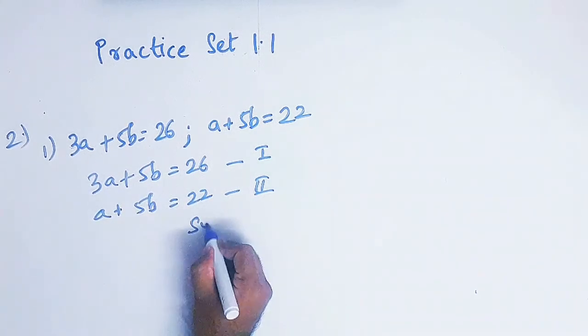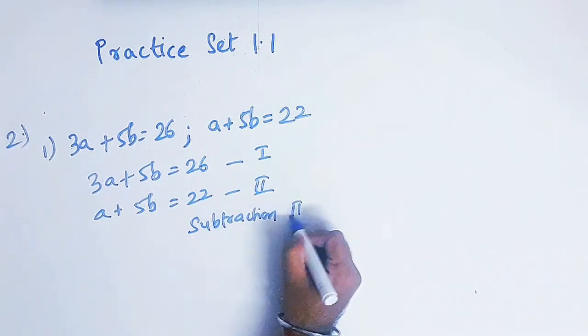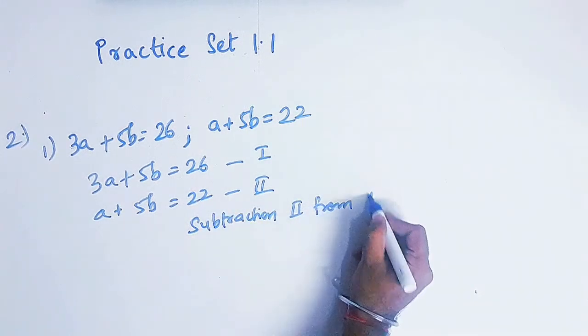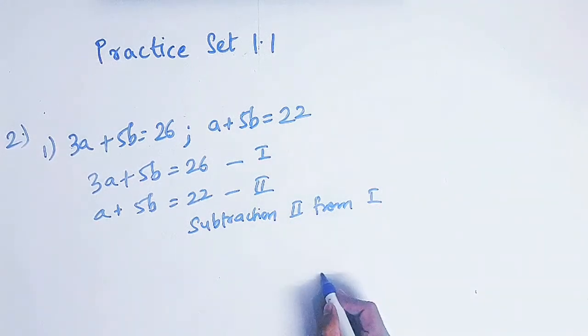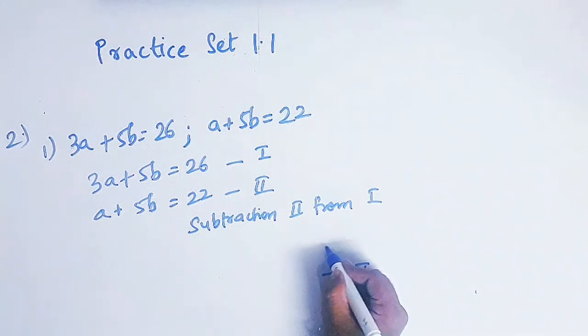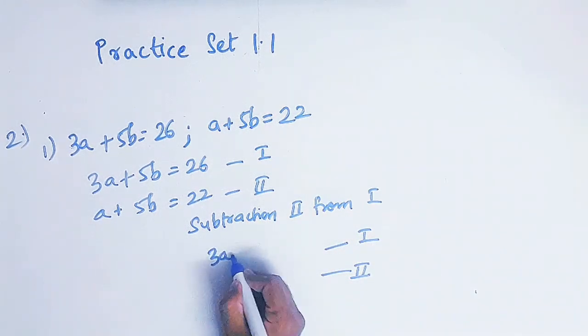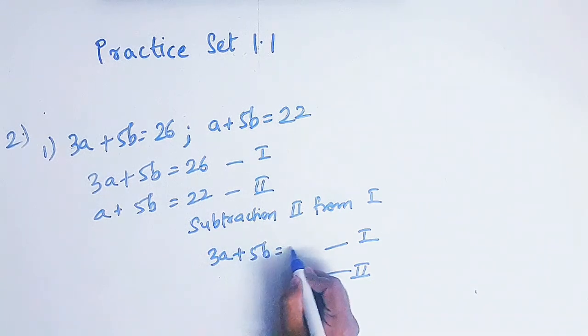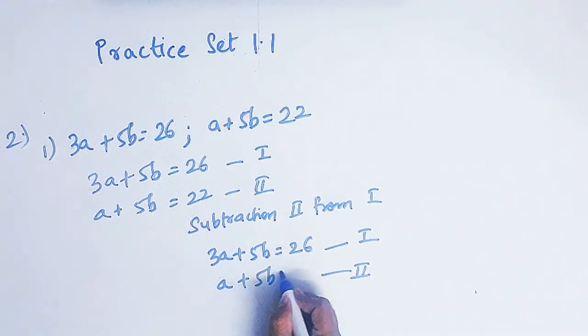So I'll write subtracting 2 from 1. When I say 2 from 1, it means 2 will be below and 1 will be above. So 3a plus 5b equals 26, a plus 5b equals 22.